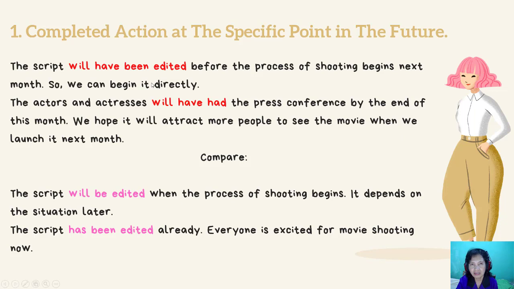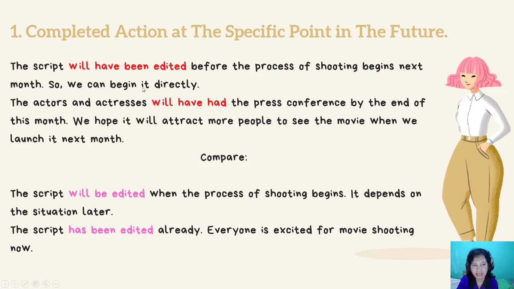As I told you in simple present perfect with the same use, that is completed action, there is always an impact to the next time. Because this is simple future perfect, the impact is in the future.